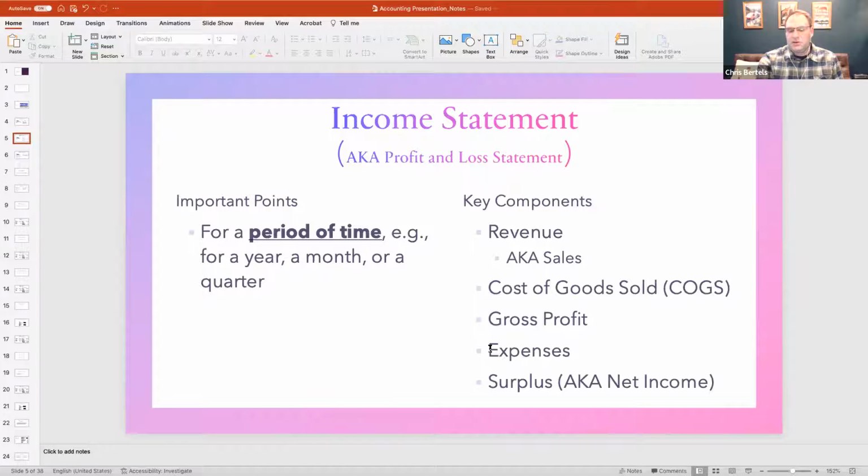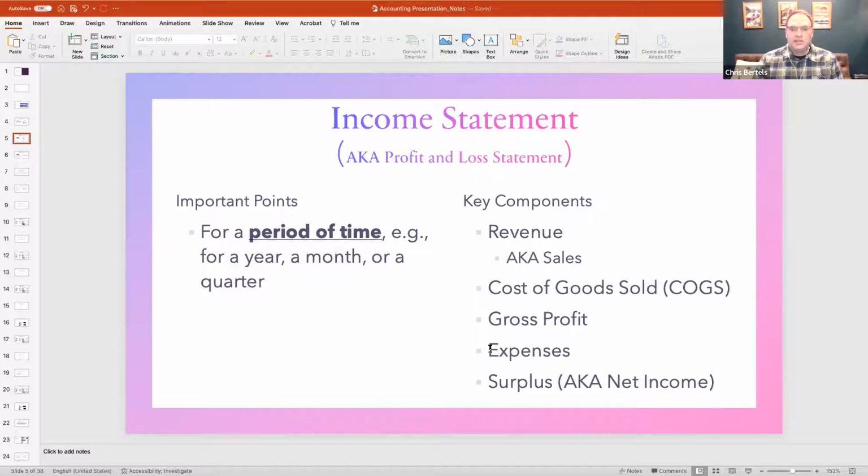Expenses are basically the costs of running your business. Sometimes they're called operating expenses. There's various different terms for all these. Most of these terms I'm using have a lot of alternative names out there.